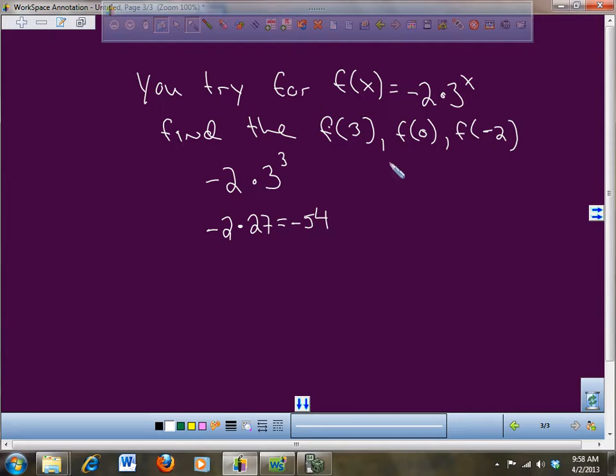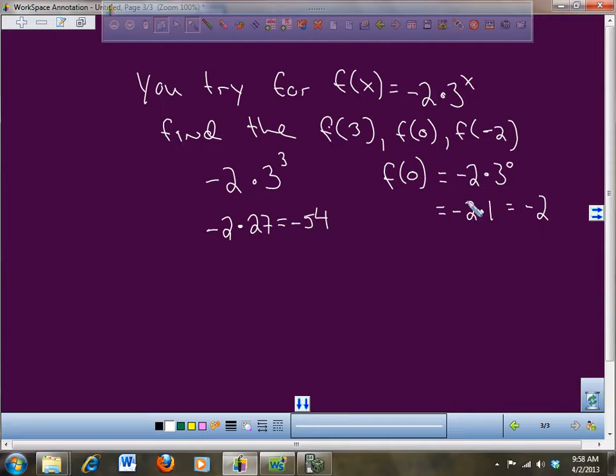Who's got f of 0? Go ahead, Lindsay. Negative 2. Perfect. Negative 2. And what she did, negative 2 times 3 to the 0. Anything raised to 0 is what? 1. So that's equal to negative 2 times 1, which is negative 2.